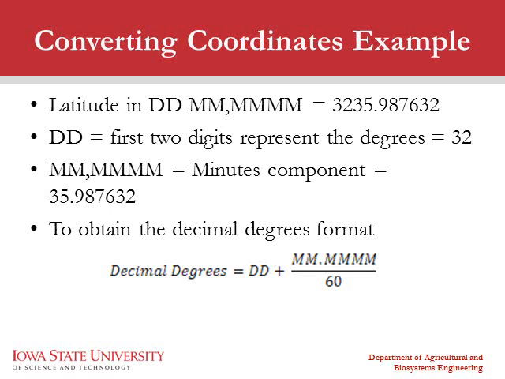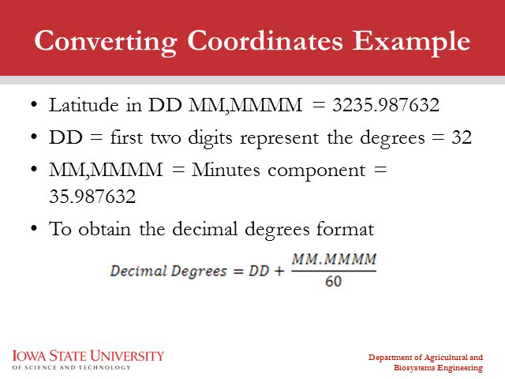Here's an example of that type of conversion. The latitude we saw previously was 3235.987632. Well, the first two digits represent the degrees of our position, which is 32 degrees. The rest of the digits then indicate the minutes component, in this case 35.987632.